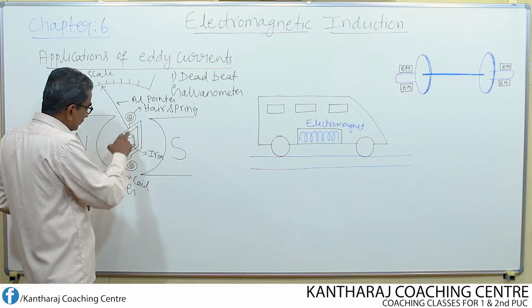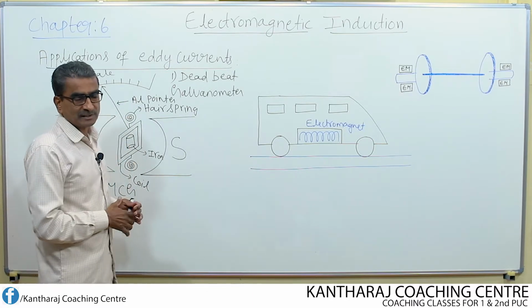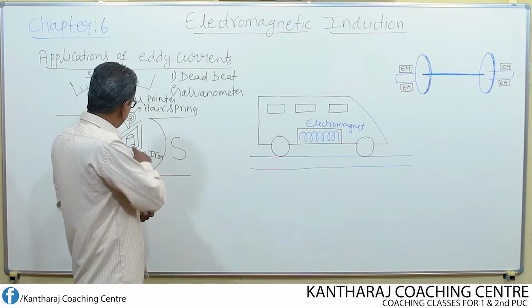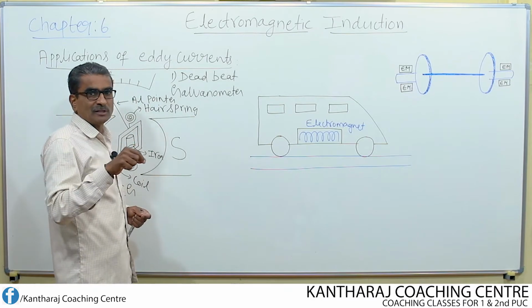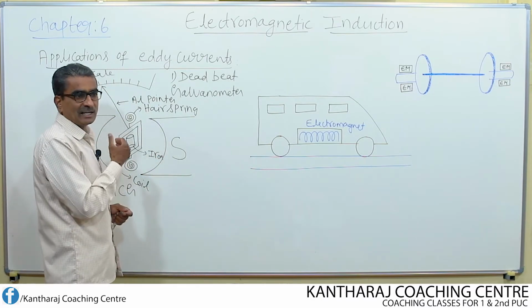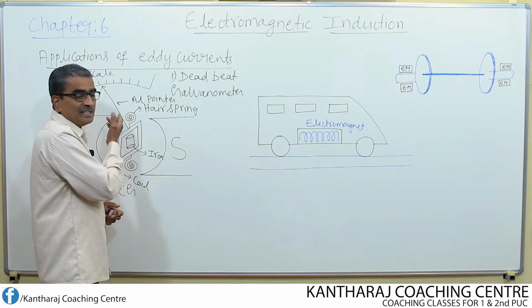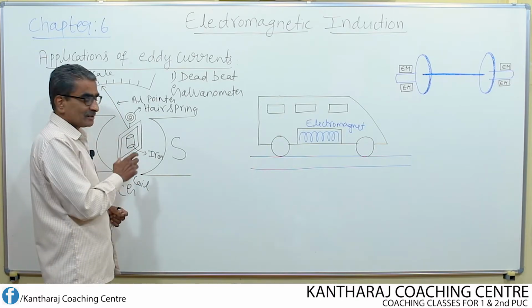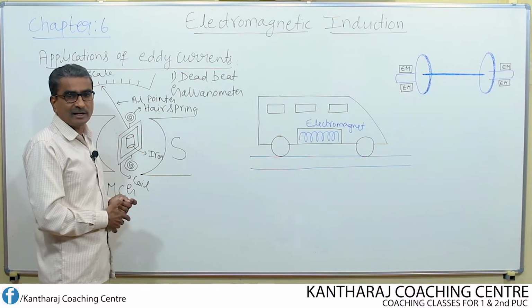We pass the current through the coil through the spiral air springs. Here the spiral air springs not only provide the restoring torque to the coil but also act as electric leads or terminals for passing the current into the coil.